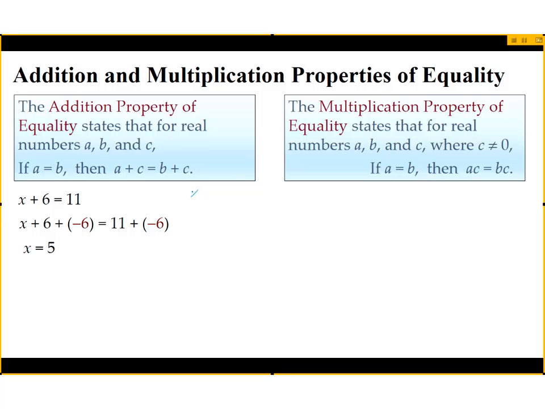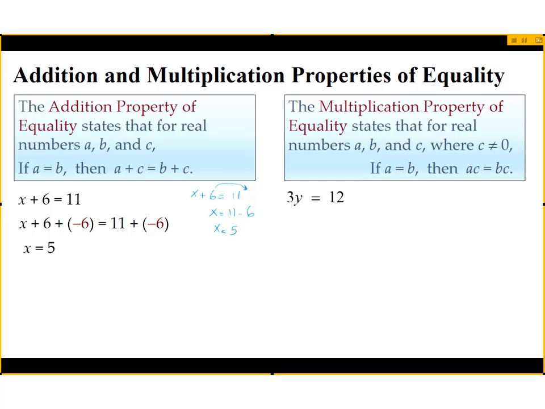So if x plus 6 is equal to 11, and I want to isolate x, if I move this to the other side, its sign is positive, it will become negative. Really what we're doing is subtracting 6 from both sides of the equation. So as you can see, x is equal to 5.